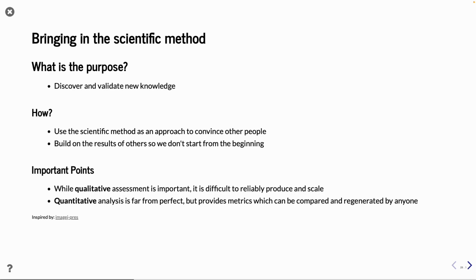And of course, we can do qualitative assessments, but in the end, we need to do some quantification, and the quantification is what we put in our graphs. And the idea is to get these numbers, you also have to describe it in a way that other people can reproduce it afterwards.